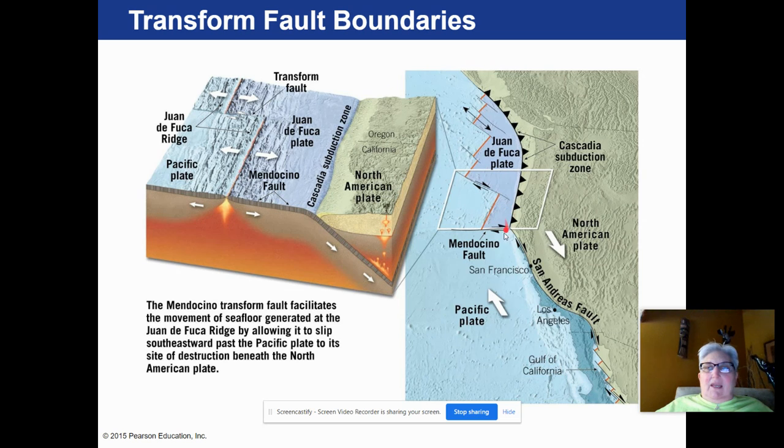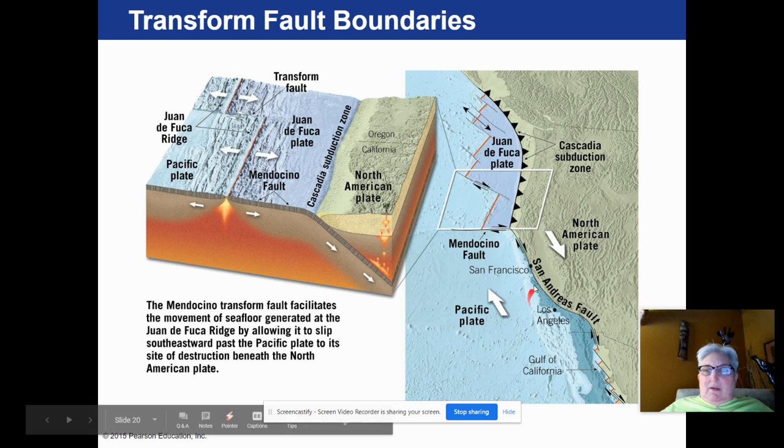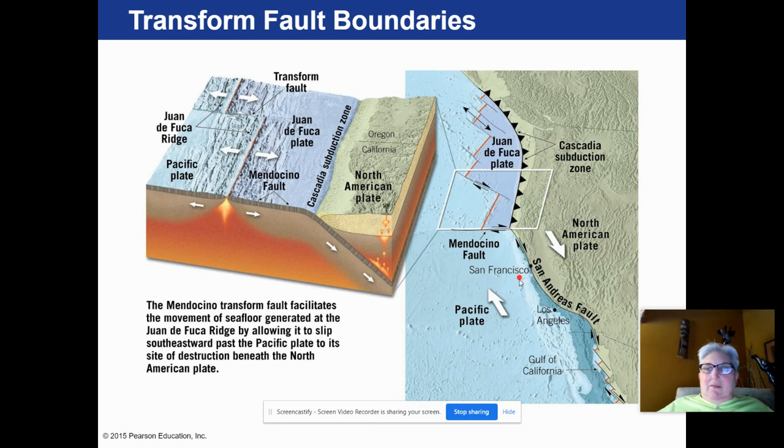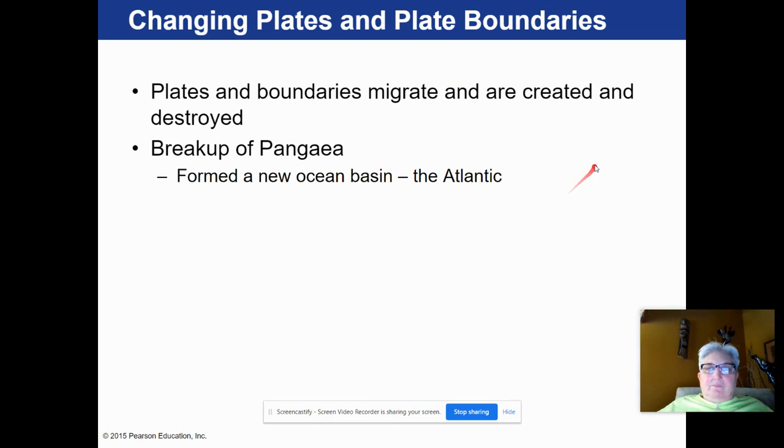Just a little look at those. You see off the coast of California here, where we have a lot of activity, right, in the San Francisco, Los Angeles area. Now, keep in mind, plates and boundaries are always migrating or moving, right?